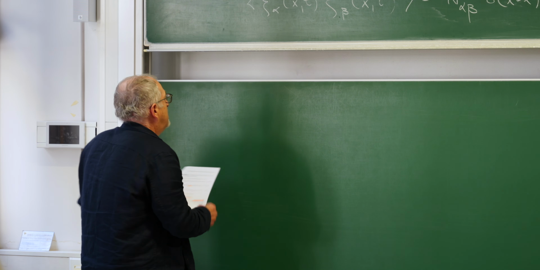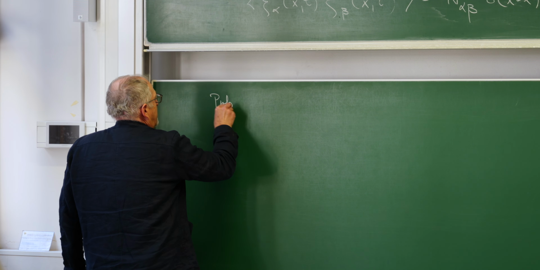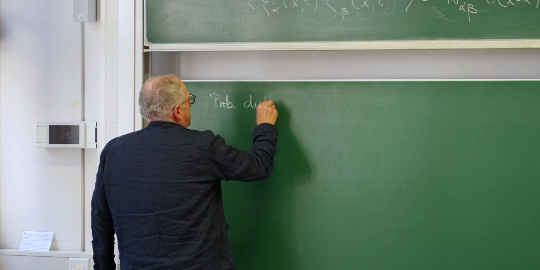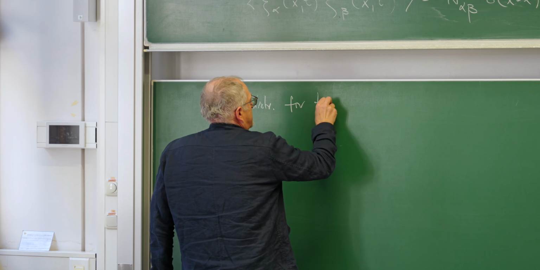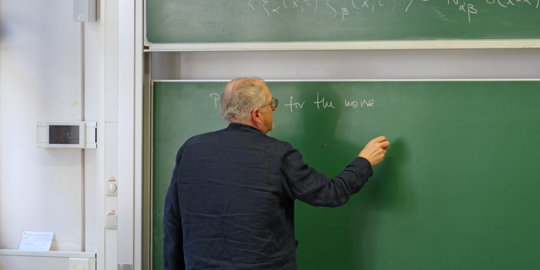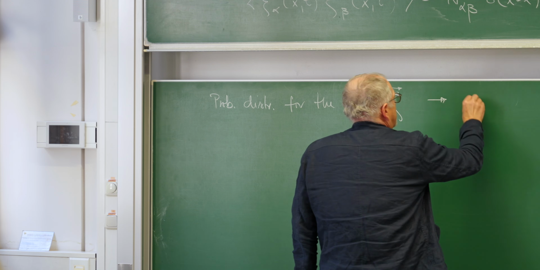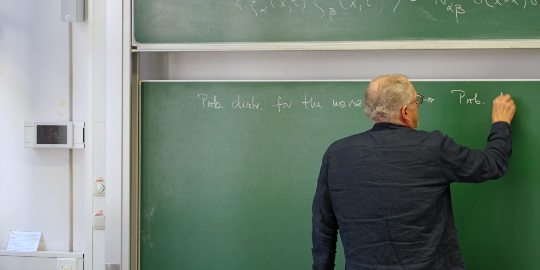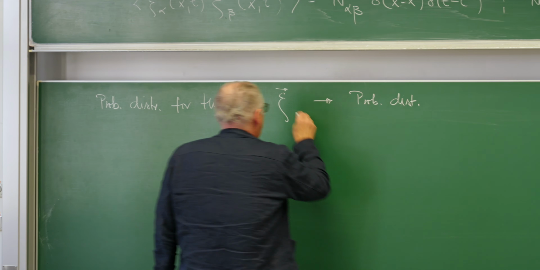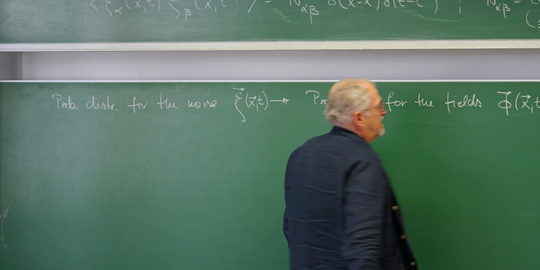So what we want is a map of the probability distribution for the noise, zeta, and we want to translate this into a probability distribution. The point is, this is a function of space and time, so I need a probability distribution function for the fields, which are also functions of space and time.